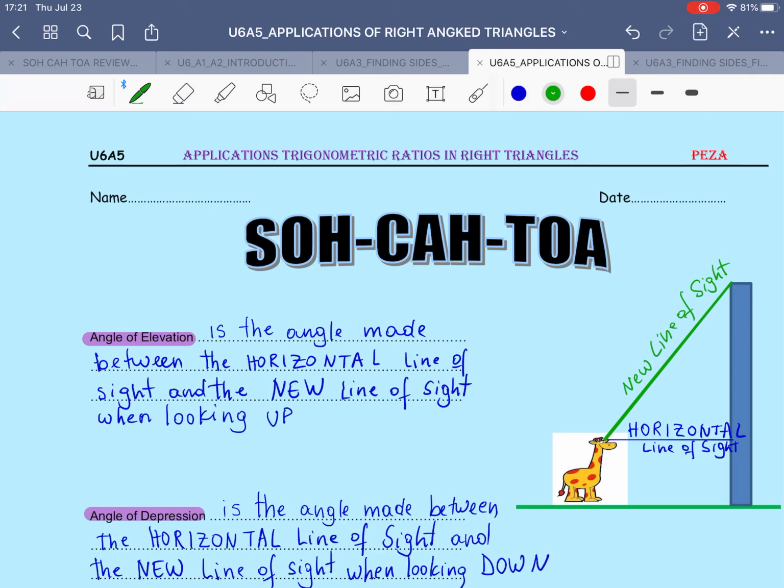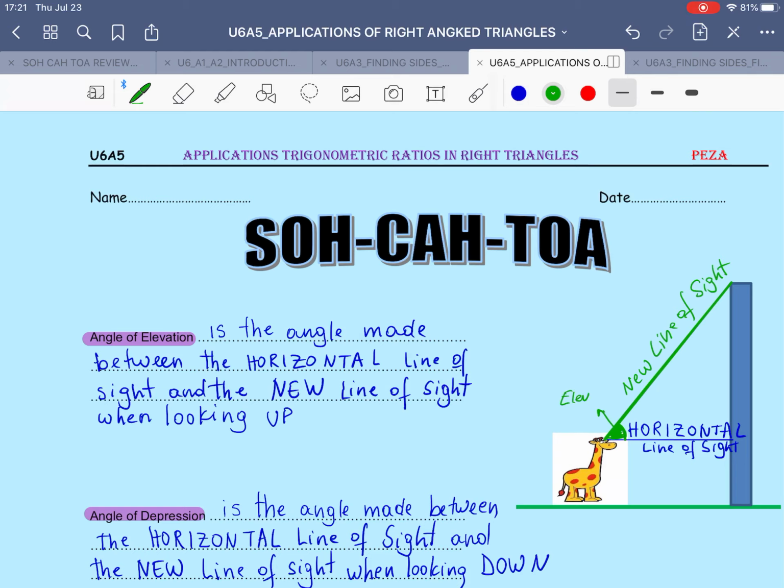Now, the angle made between the horizontal line of sight and the new line of sight, when the new line of sight is above the horizontal, is called the angle of elevation. Why? Because she needs to elevate or raise up her head or her eyes. So the line of sight is above the horizontal.